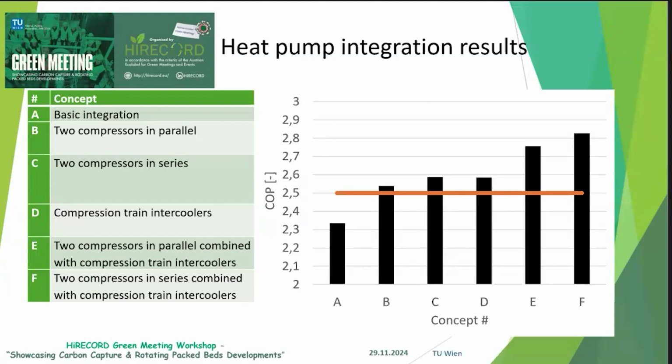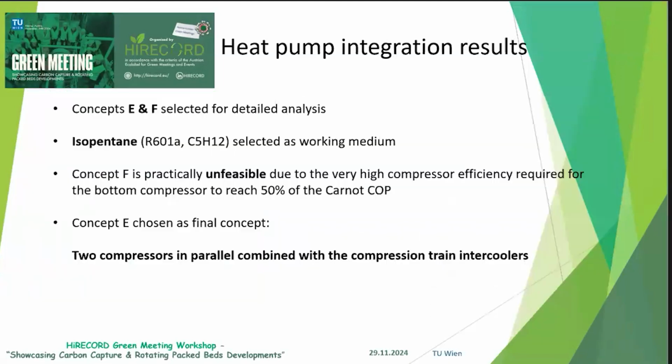Maybe I should stress here that all this analysis has been done based on this equation I showed before, where we assume that our heat pump has an efficiency equal to 50% of the Carnot COP. So no working medium and that kind of stuff yet. But that's the next step. As mentioned, concepts E and F, and based on the temperature levels, I select isopentane as a working medium, which is commercially available.